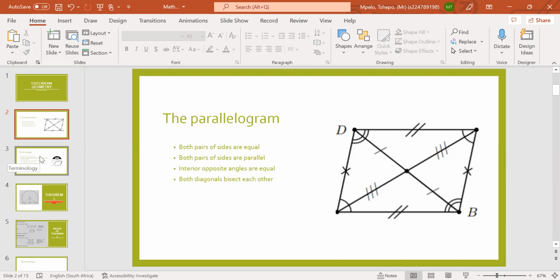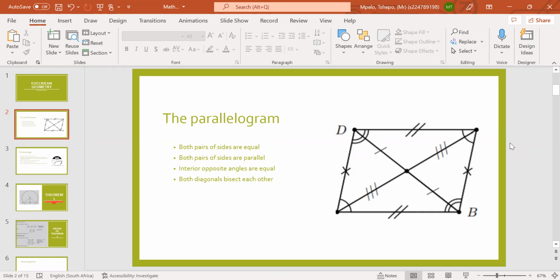Both pairs of sides are equal, and both pairs of sides are parallel, which makes the two angles between the parallel sides co-interior angles that add up to 180 degrees. And the interior opposite angles, for example angle D and angle B, are equal, and the diagonals of the parallelogram bisect each other.